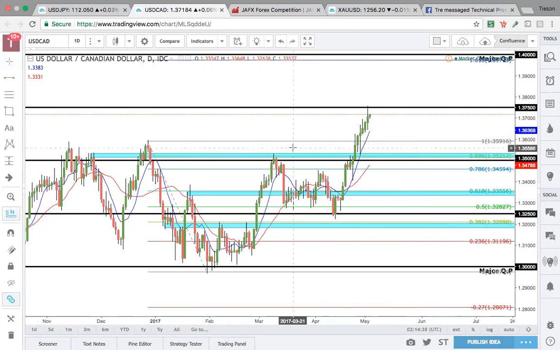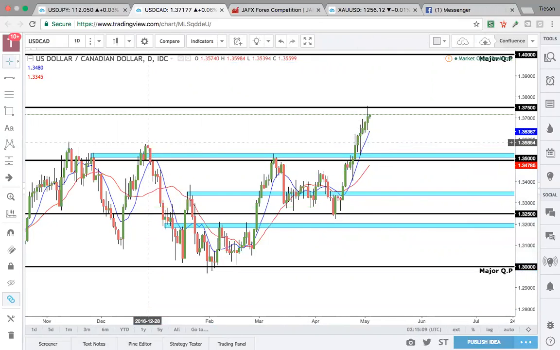So if you would have seen this and you would have gotten in, let's say right here, you would be up around 173 pips right now, which on a 0.10 lot, that's $173. Or on a standard lot, that is about $1,700 to $1,800, just over about 3 days or so, just from being patient and waiting.